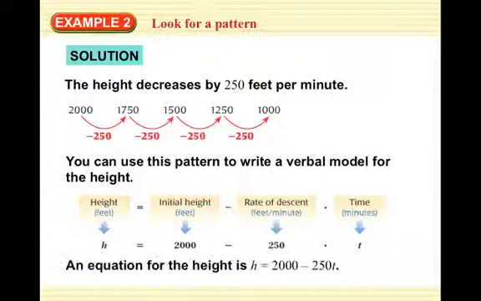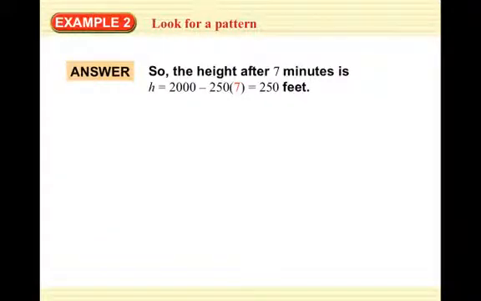Now, once we have our equation, the equation for the height at any time t is h equals 2,000 minus 250t. We can plug in 7 because we want to know the height after 7 minutes. T stands for time.